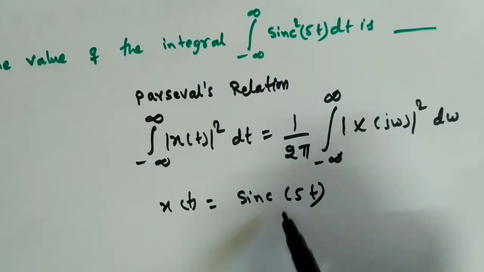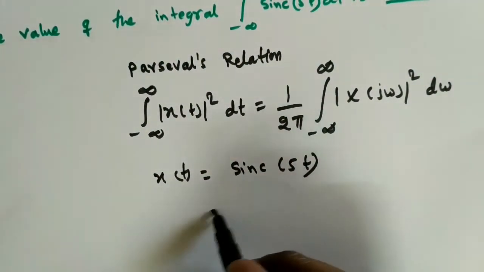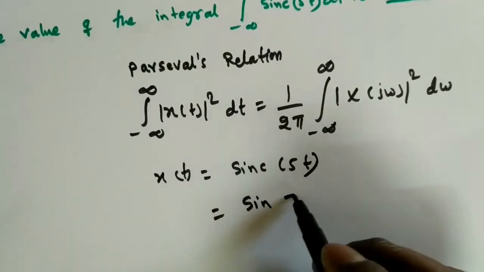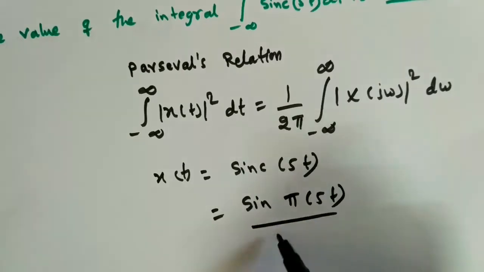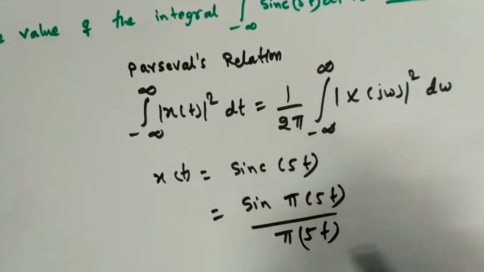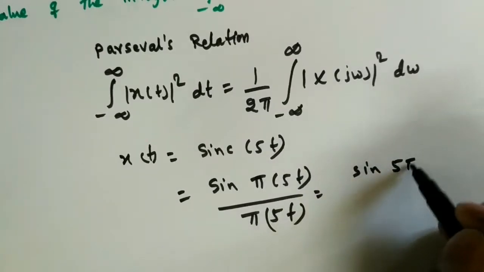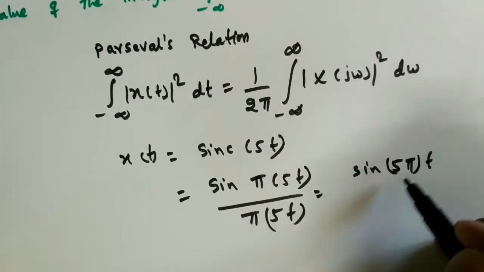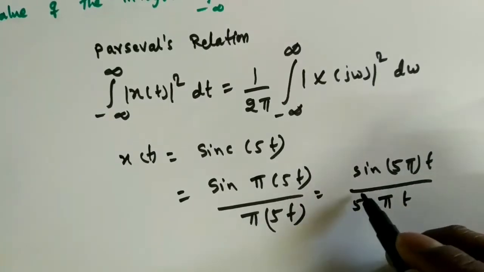Now we have to expand this one. Sinc theta is equal to sin pi theta by pi theta, so sin pi into 5t by pi into 5t. So this will become sin 5 pi t by pi t into 1 by 5.